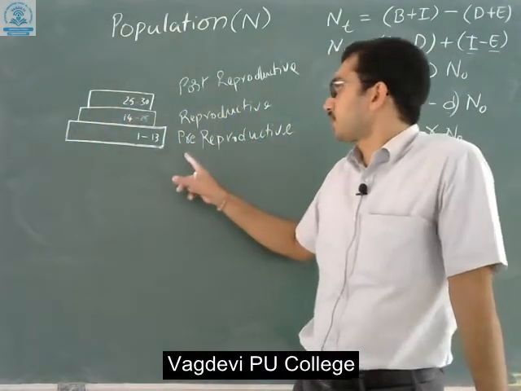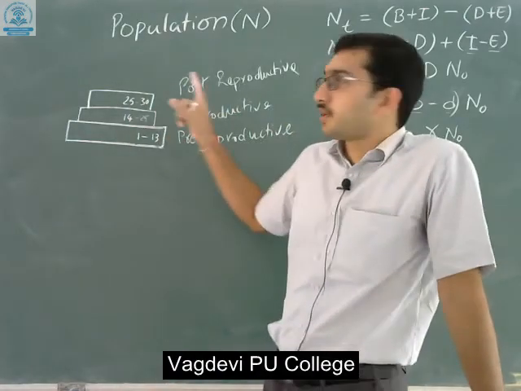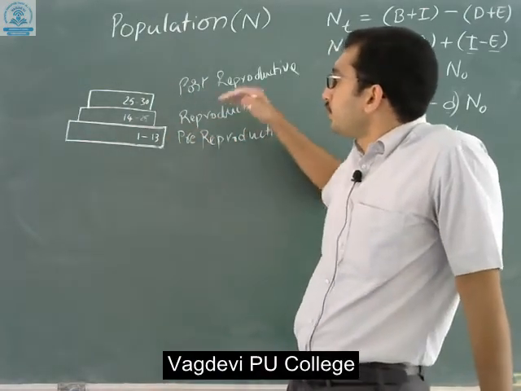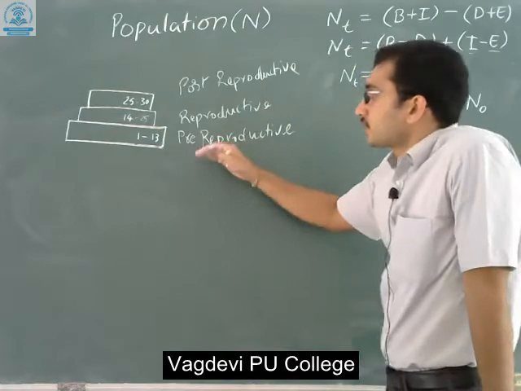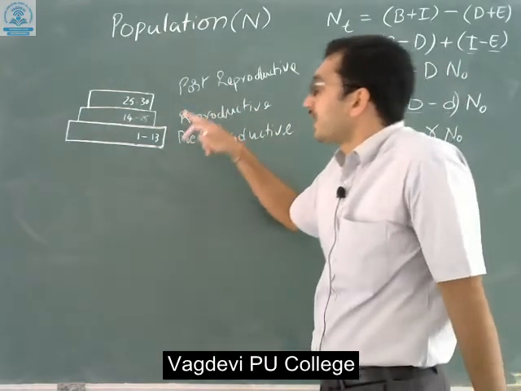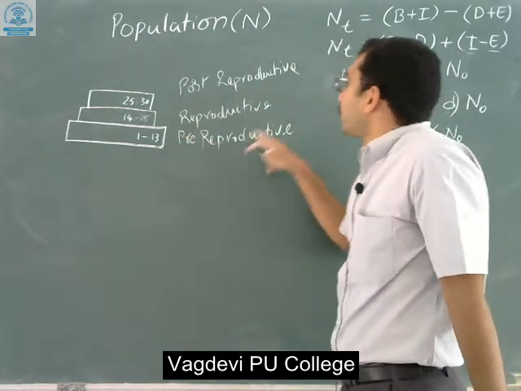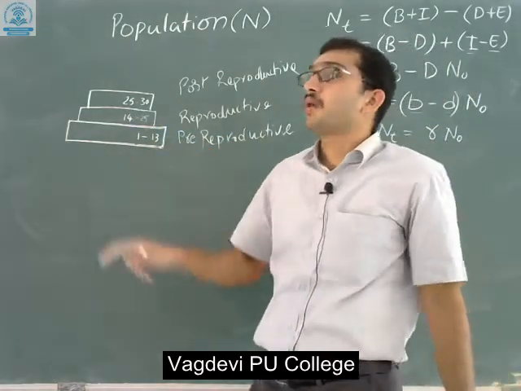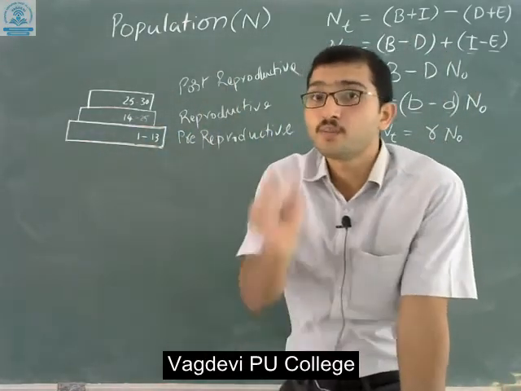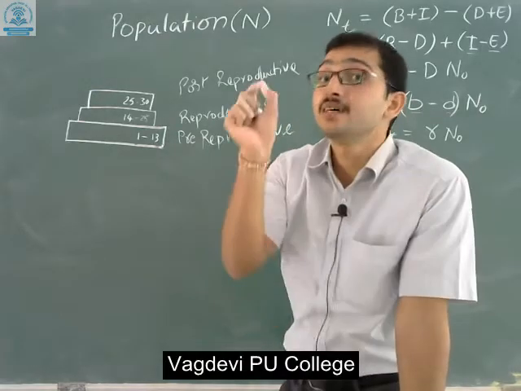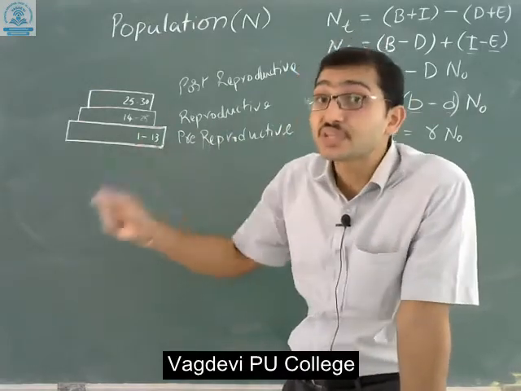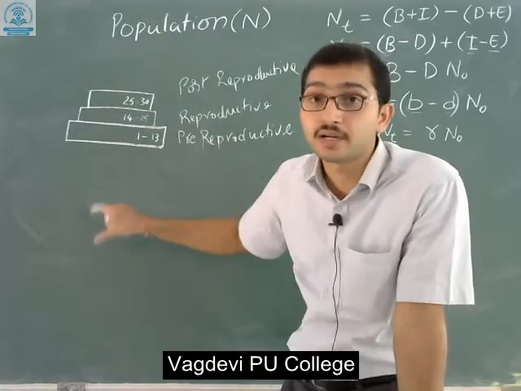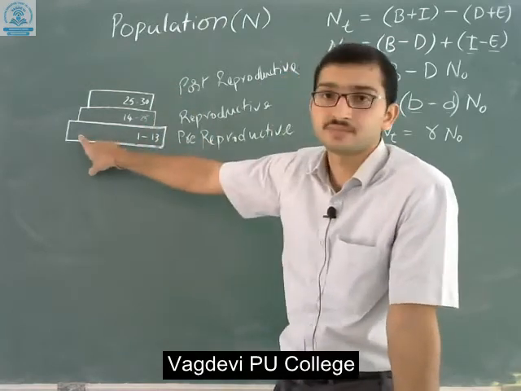Are you able to understand? The age pyramid is classified into three broad categories. The first, bottommost category is the pre-reproductive block. In this, the age group of 1 to 13, that is most of the children growing in that habitat, are grouped in this category.